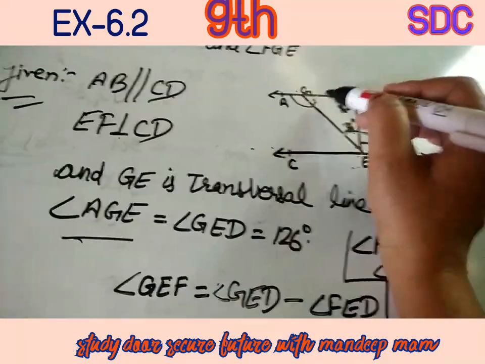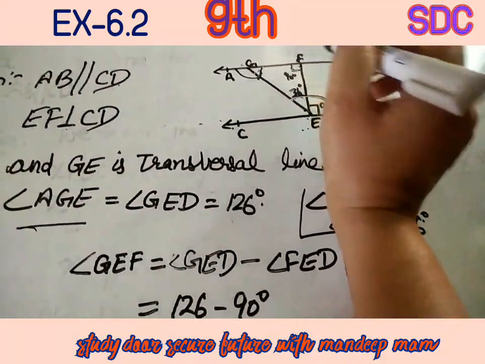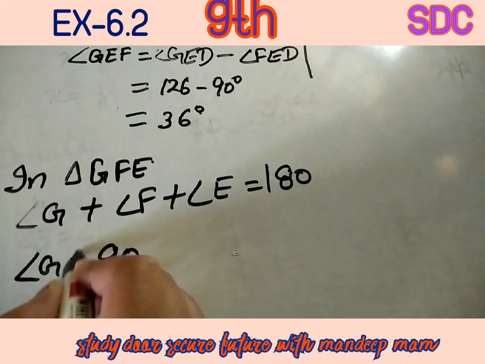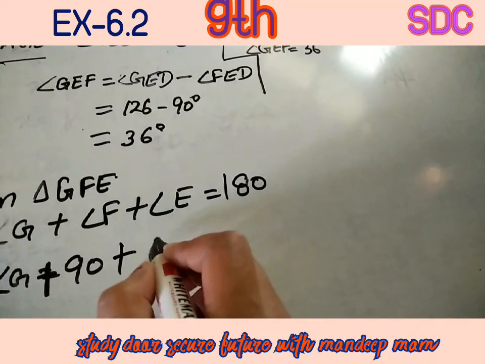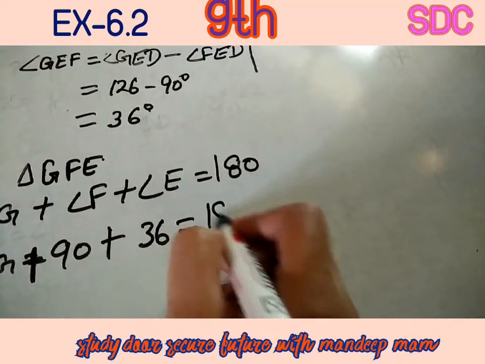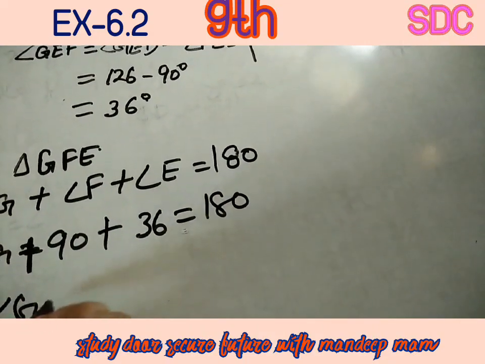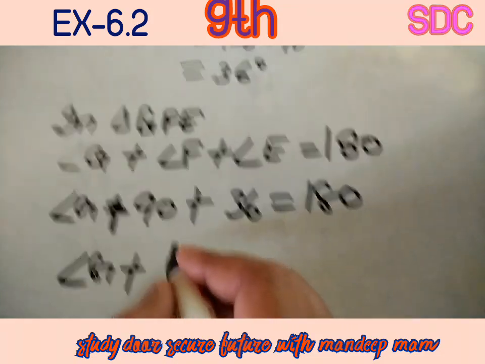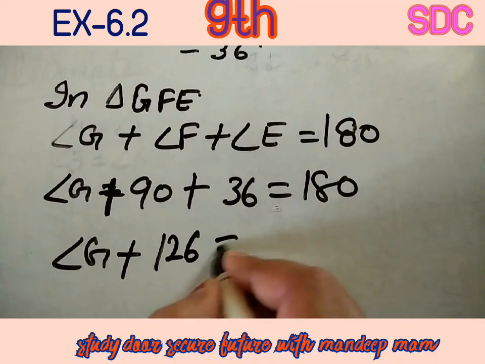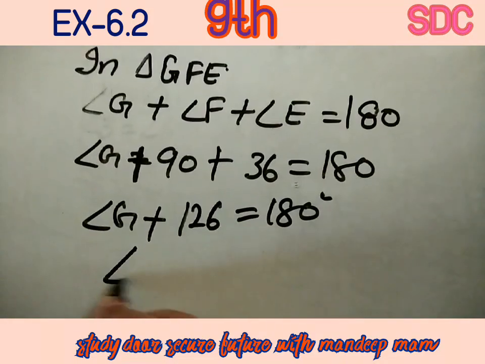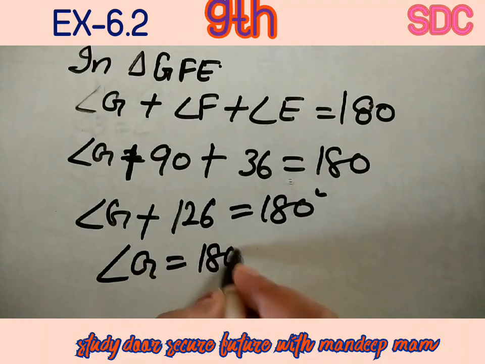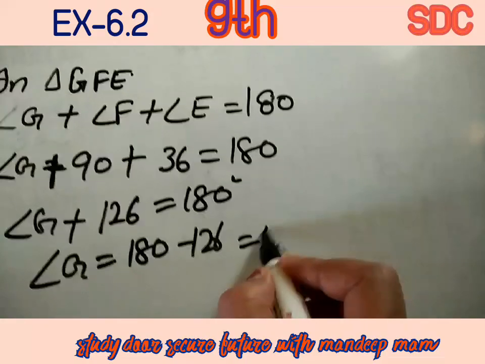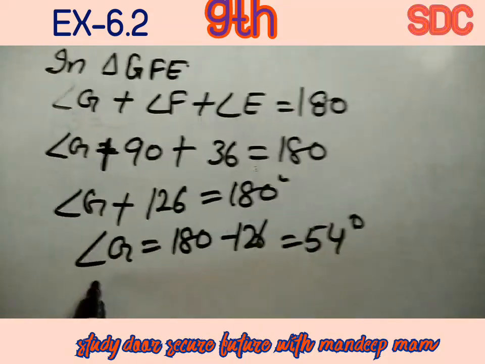So we have to find out angle G. We know the value of angle F is 90 degrees and the value of E is 36 degrees. So we got the sum of these two angles is 126 degrees, and angle G is equal to 180 minus 126, that is 54 degrees.